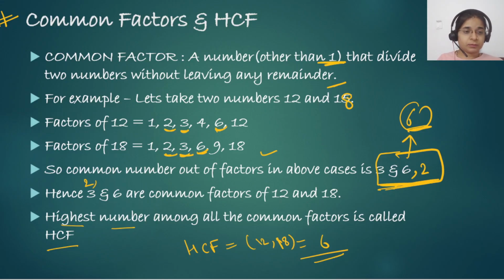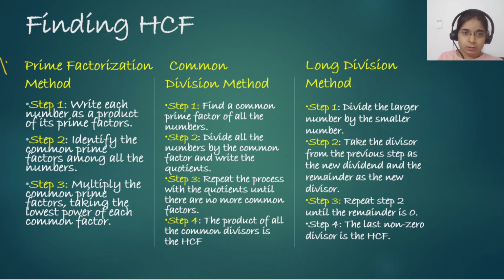Now let's move to the methods. The first method is prime factorization. Here we write each number as a product of its primes and identify the common prime factors. Earlier, in the case of LCM, we took each prime factor, but in this we are going to take common prime factors only among all the numbers and multiply them taking the lowest power.